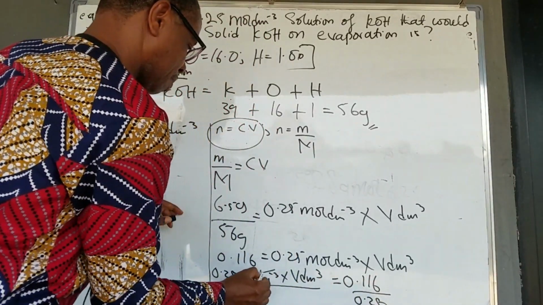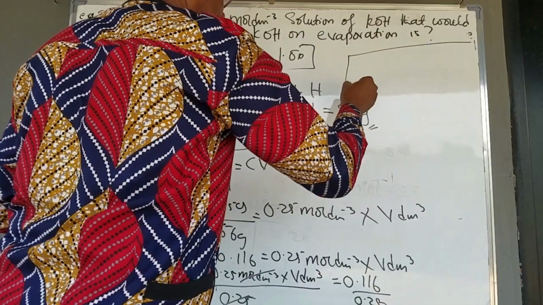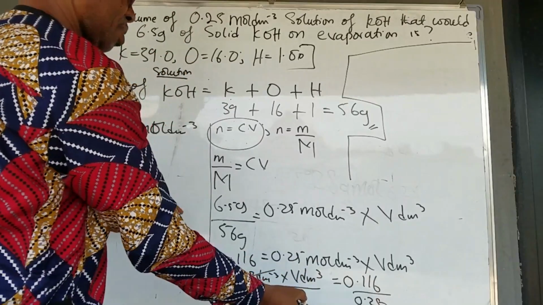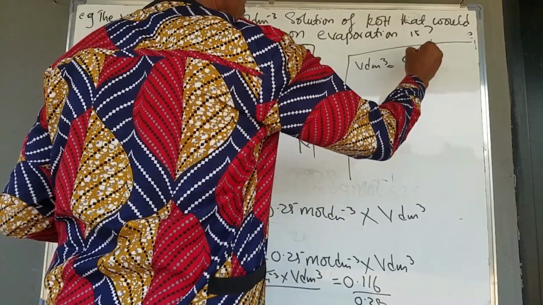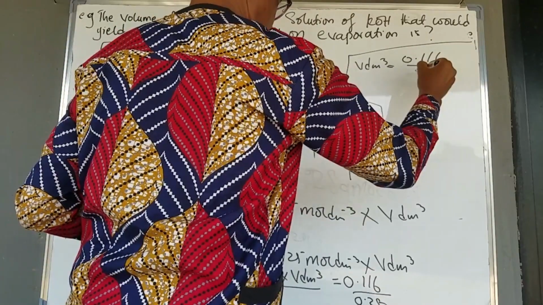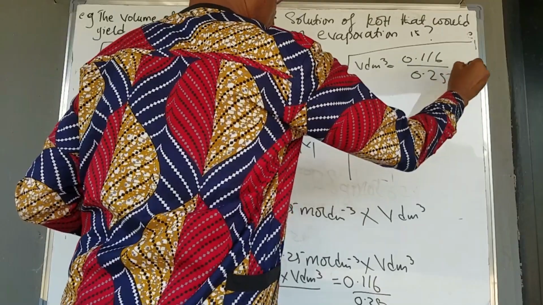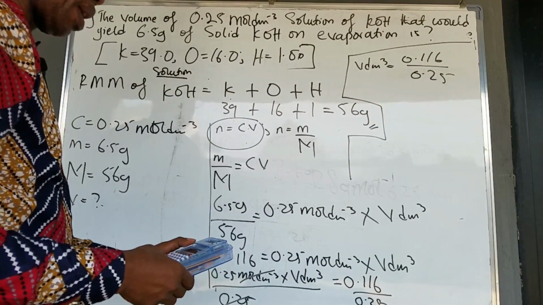It cancels out, so I have only V here. So let me make use of this space for clarity's sake. I have only V, and I have it that V dm³ is equal to 0.116 all over 0.25. And with my calculator, my answer will be smiling at me.